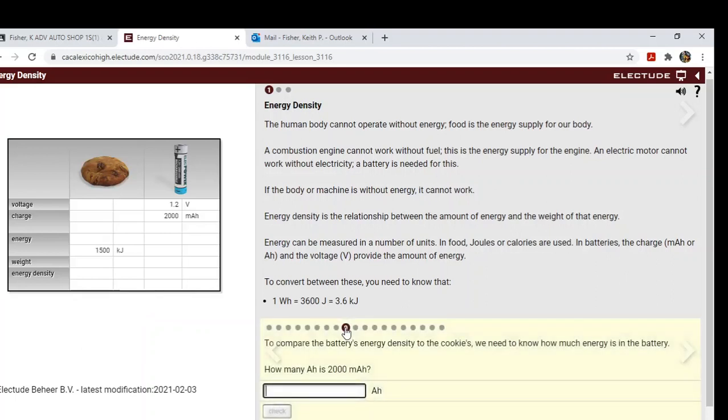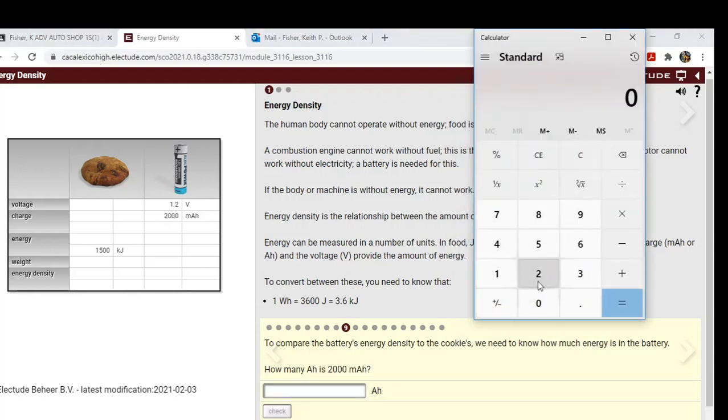Okay, so here's a chart we're going to have to start to fill out. To compare the battery's energy density to the cookie's, we need to know how much energy is in the battery. How many amp hours is 2,000 milliamp hours? Now we're going to have to use our calculator.